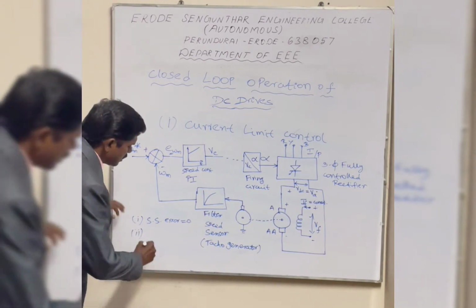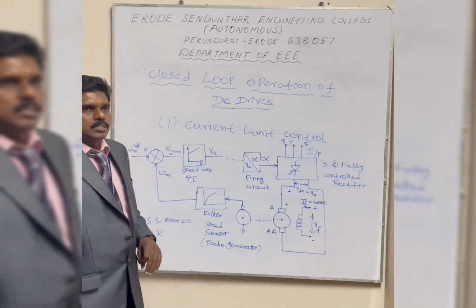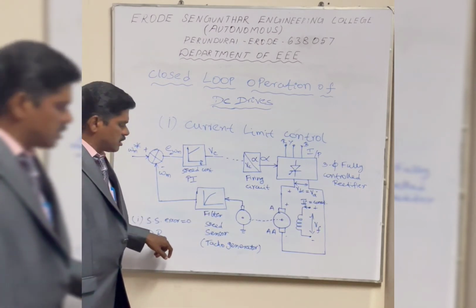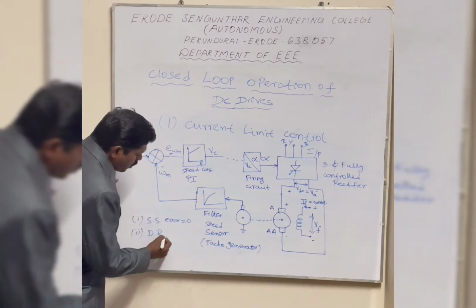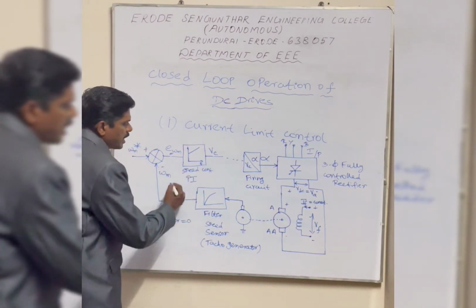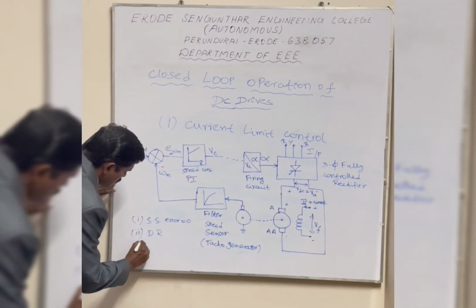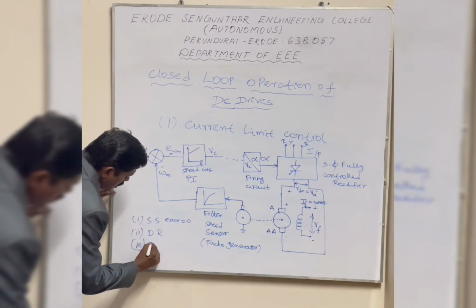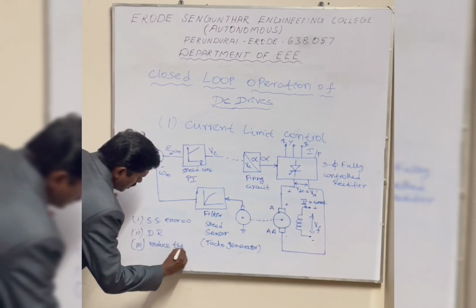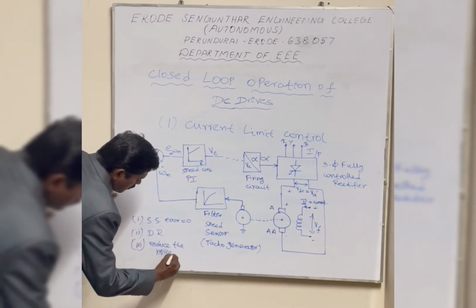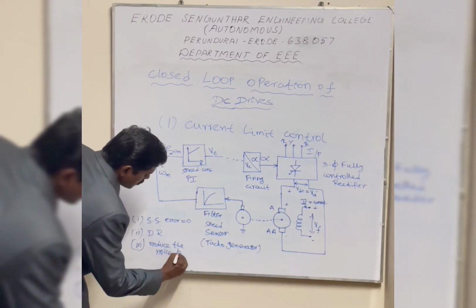The second function is the damping ratio of the system. The damping ratio will be controlled by this PI controller. The third is to reduce the noise available in the system by using integral action.